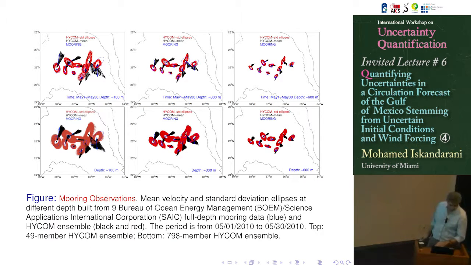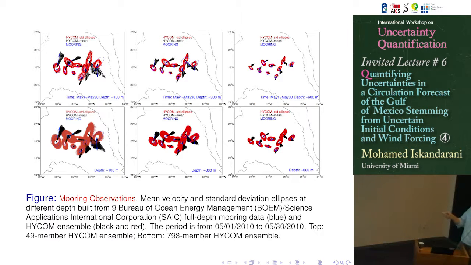We compared also against current observations. The Bureau of Ocean Energy Management had a bunch of moorings that we could use to compare the variability in the currents against the variability that we were seeing in the ocean, and just by the eyeball norm, essentially the ensemble is really capturing what actually has been observed, especially at the surface.